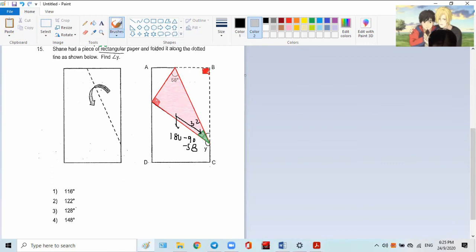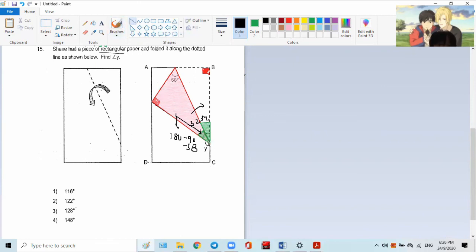Y is here. When I reopen this, surely this one must also be the same size as the green color one, right? If I open it back, this green will also be the same. That's why they follow. That means this also must be 32, right? Do you understand?